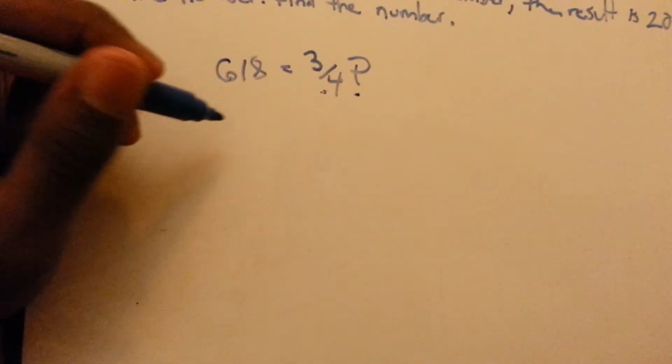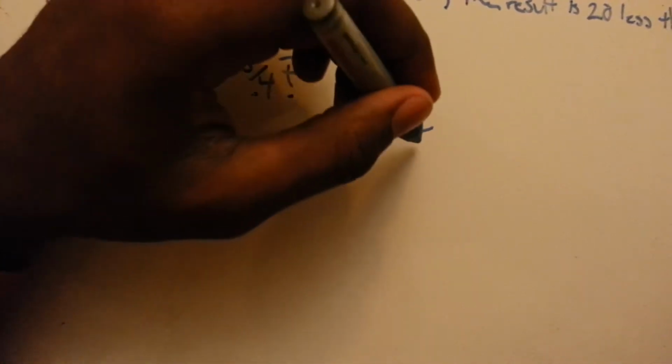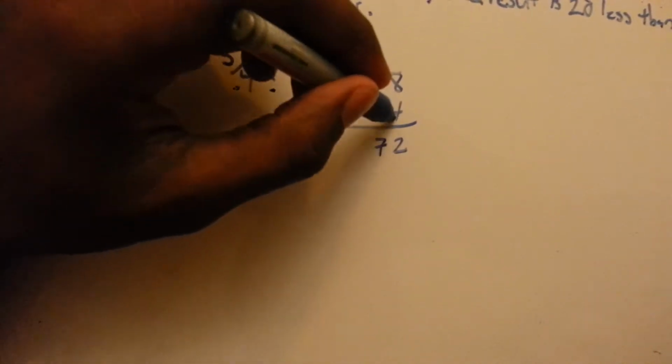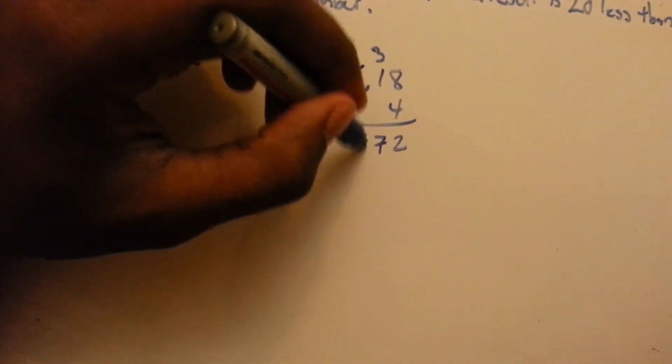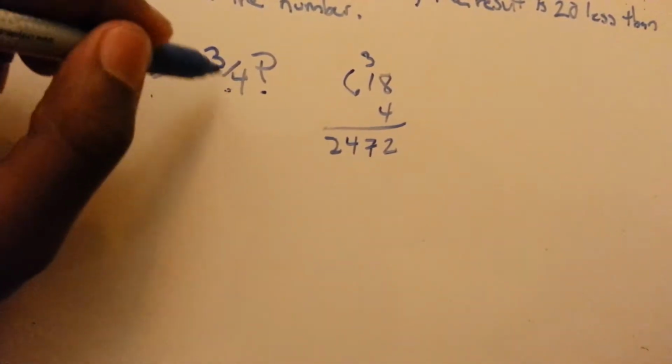So we'll do it that way. 618 times 4, we'll do it over here. 8 times 4 is 32. 4 times 1 is 4, plus 3 is 7. 4 times 6 is 24. And we take that number and divide it by 3.